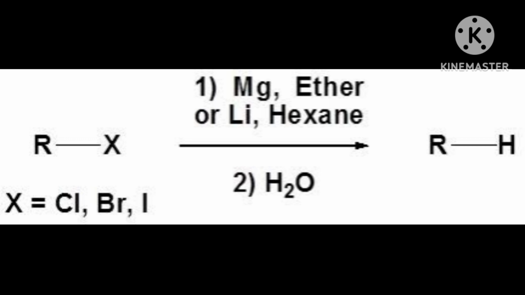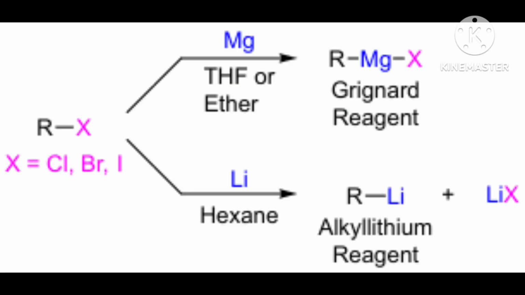It is prepared from alkyl halides or haloalkanes; haloalkanes and alkyl halides are both the same. When haloalkanes react with magnesium metal in dry ether, RMgX, that is the Grignard reagent, is prepared.